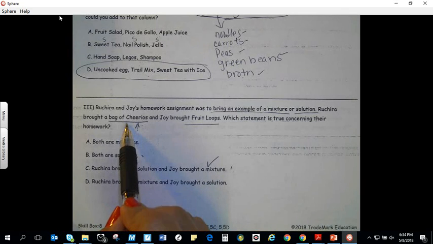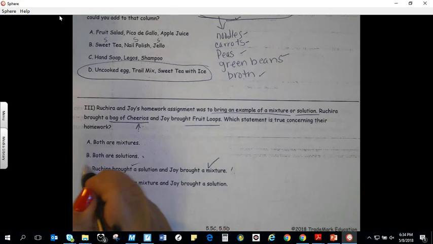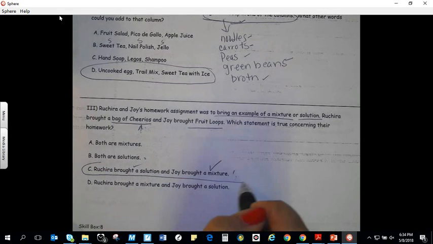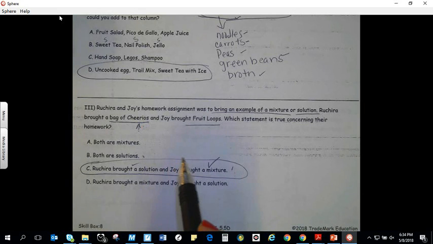I'm thinking there was a piece of information missing here that we needed to double check. So for right now, it's this one, but I'm going to follow up to see what made that bag of Cheerios the solution.